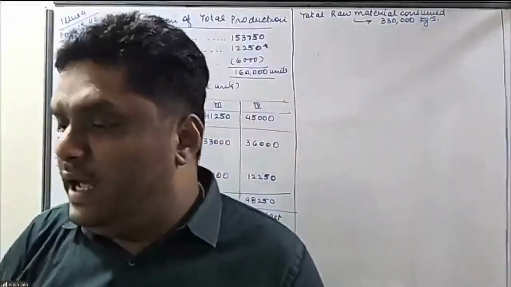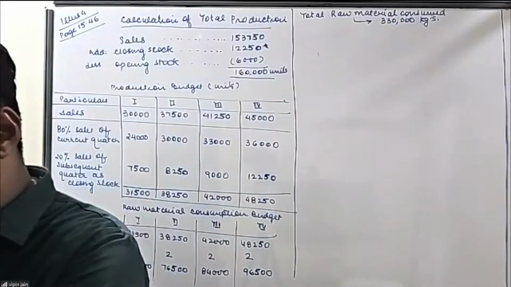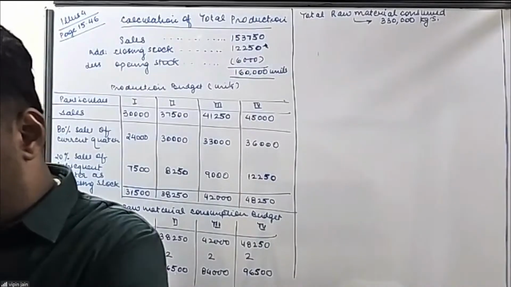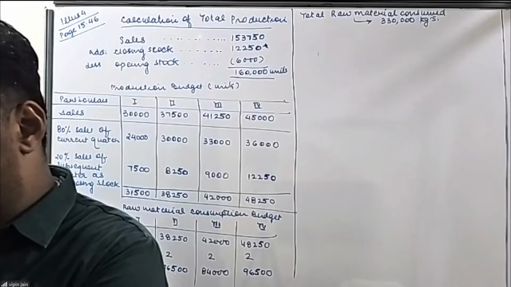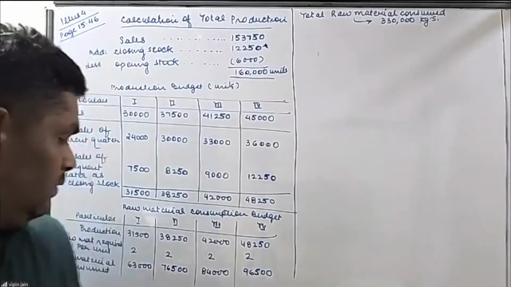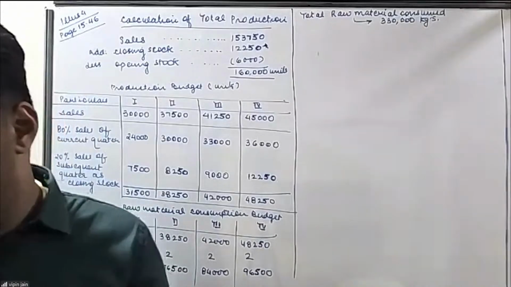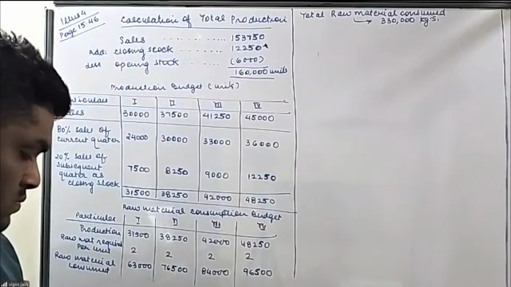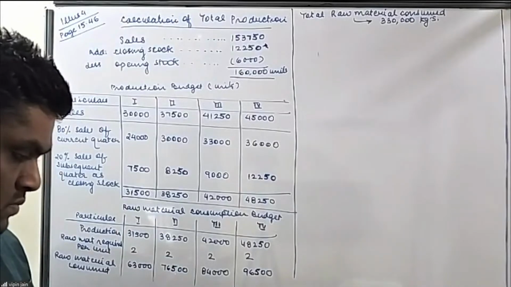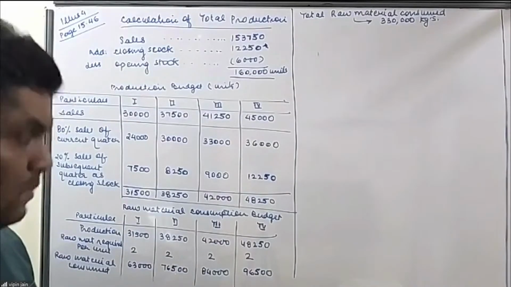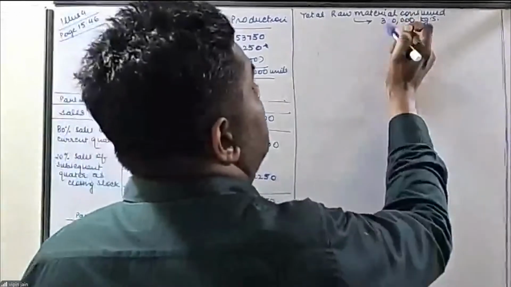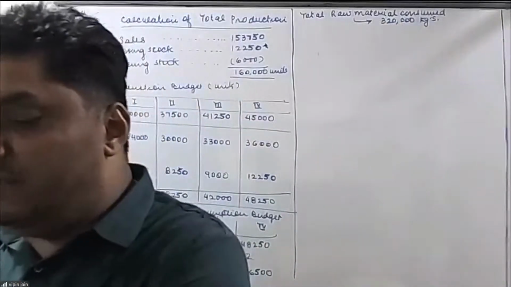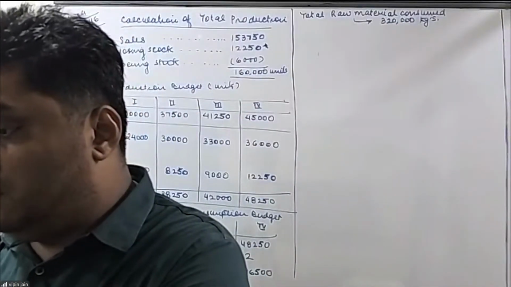If you guys have any doubts till now, please post your queries. Sorry, it is 3,20,000. So the total raw material consumed is 3,20,000.